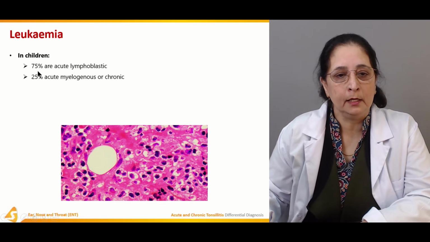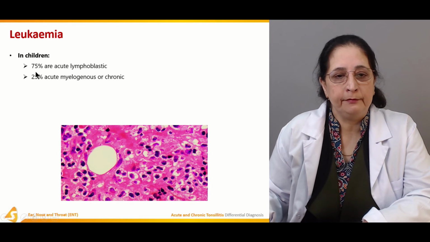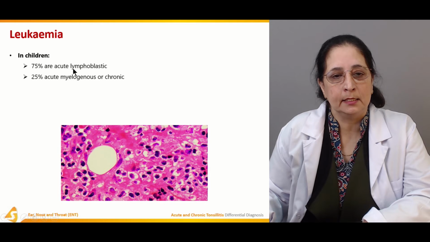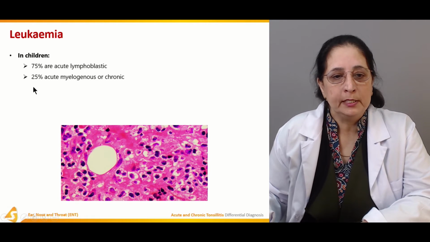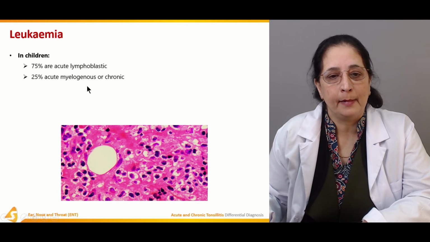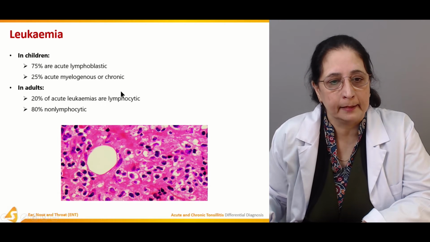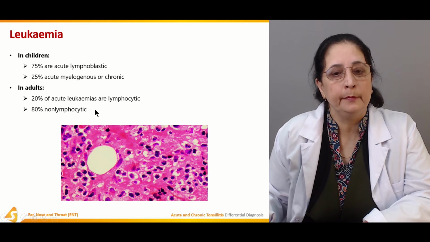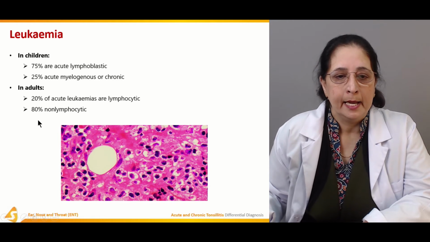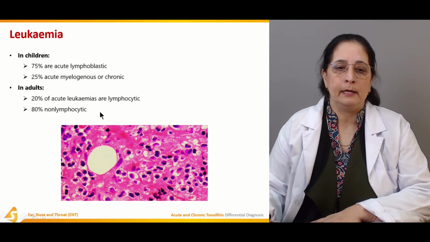So leukemia in children, 75% of cases it's acute lymphoblastic type, 25% is acute myelogenous or chronic. In adults, 20% of acute leukemias are lymphocytic, 80% are non-lymphocytic.